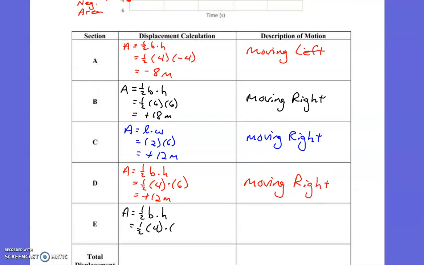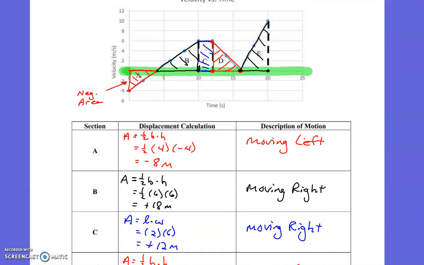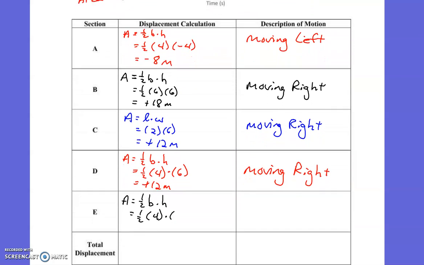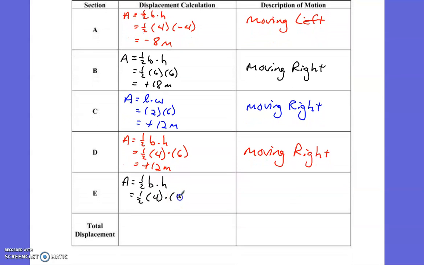To get the height, it is from 0 up until 10. That's a height of 10. If I multiply 1/2 times 4 times 10, I get a positive 20 meters. Again, it's positive because it's above the horizontal axis. And it is positive, meaning it is moving to the right.